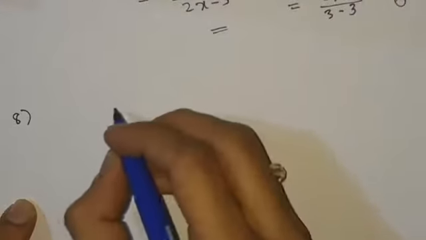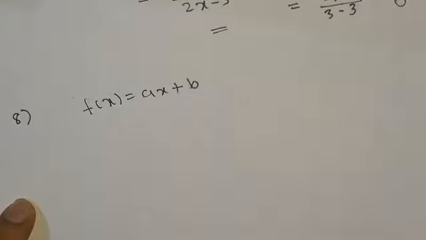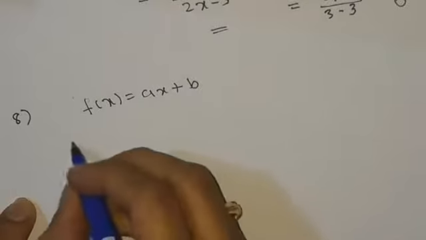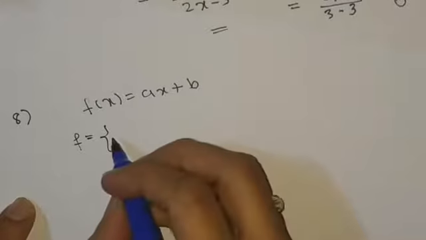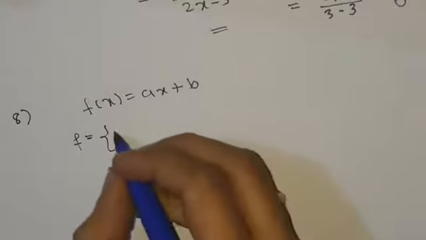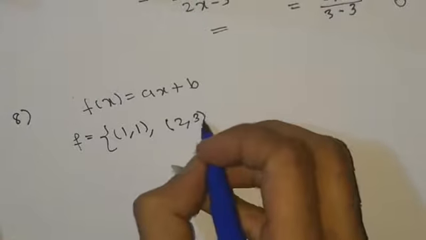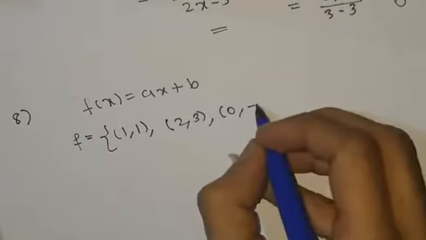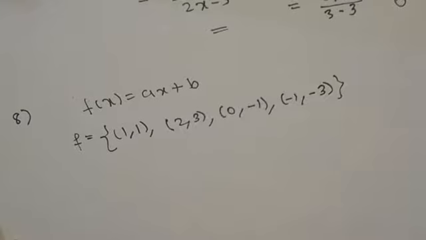You are given a function f(x) = ax + b. And the function f is also defined in terms of a set which has elements as ordered pairs. Those are (1, 1), (2, 3), (0, -1), (-1, -3).